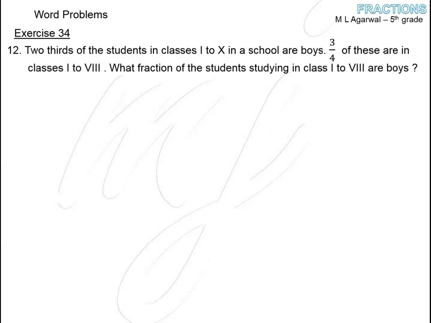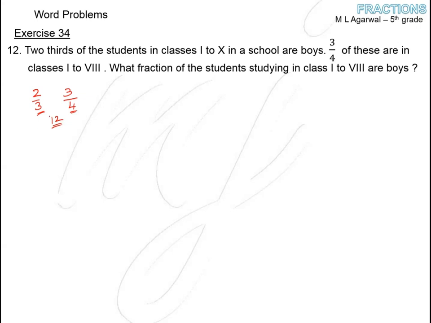Okay, so if we have to do it, we can do it like this. Let us assume we have two types of fractions. One is given as 2/3 and the other is 3/4. So if I have to make them like fractions, what will be the LCM? We can say 12. Correct? So let us presume that there are 12 students in the school.